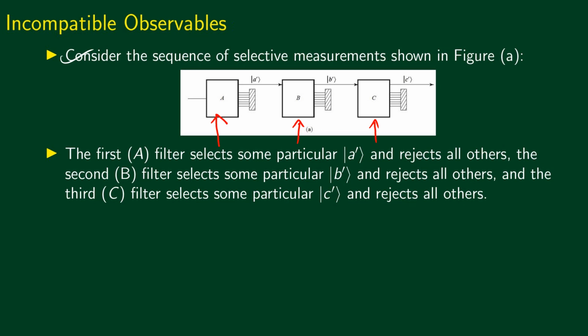Now we know what happens during a measurement. If you start with any state and make a measurement of an observable, say A, after the measurement the state changes to one of the eigenkets of this observable.